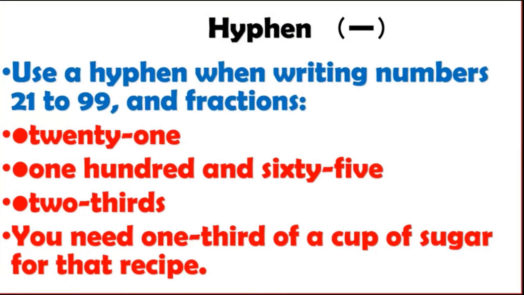Then use a hyphen when writing numbers. For example, numbers in words. For example, 21. You see 21. Now 20 and 1 we have a hyphen here.